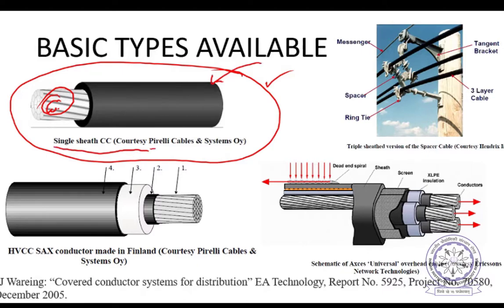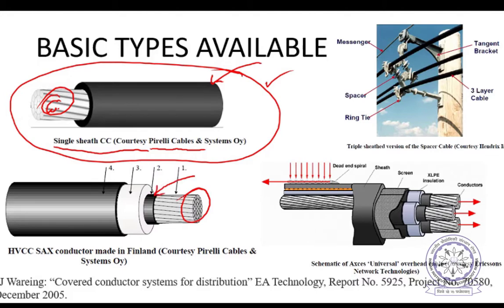Pirelli Cable Systems has produced this one. And then this is the triple sheath, where a triple extrusion process is used to manufacture it. Here this is the conductor. On that there is an inner semicon layer.